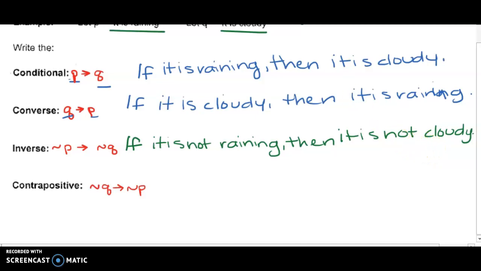Now my contrapositive, guys, now I'm doing a whole bunch of things when compared to my conditional statement. So now I'm flipping my P and my Q, and I'm making both not.